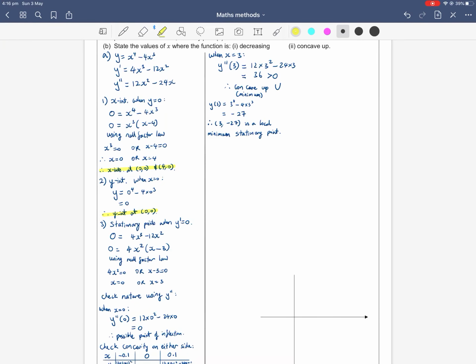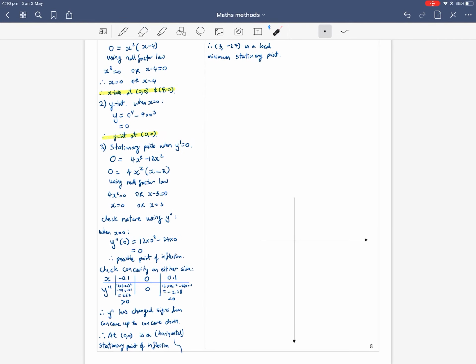Okay. So what do we know so far? We've worked out so far that we have x-intercepts at 0, 0 and 4, 0. At that point 0, 0, it's also the y-intercept. We've worked out that there are 2 stationary points. That's when your gradient is 0, your gradient's flat. Number 1, at 0, 0, you have a horizontal point of inflection because it goes from concave up to concave down.